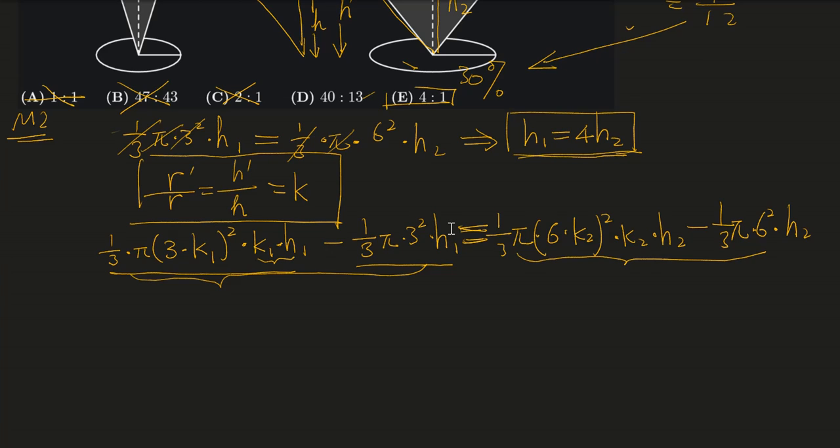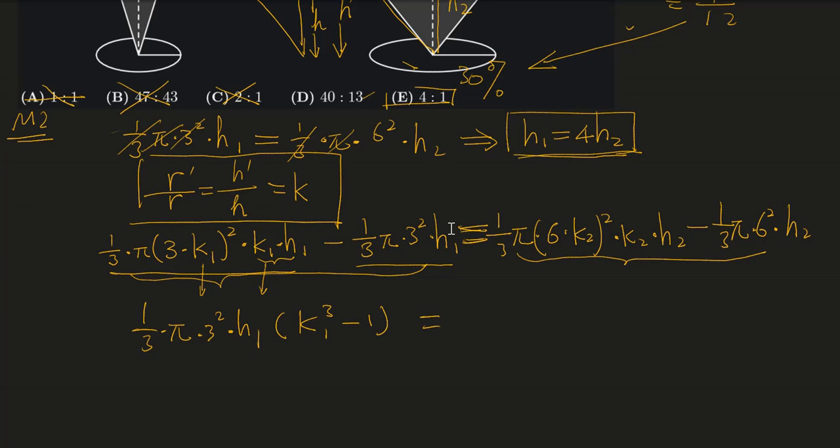In the first item, we have a k1 squared and another k1, a total of k1 cubed. And the rest of the first item is identical to the second, right? Therefore, we can factor that out. So we have 1/3 times pi times 3 squared times h1 times k1 cubed minus 1.